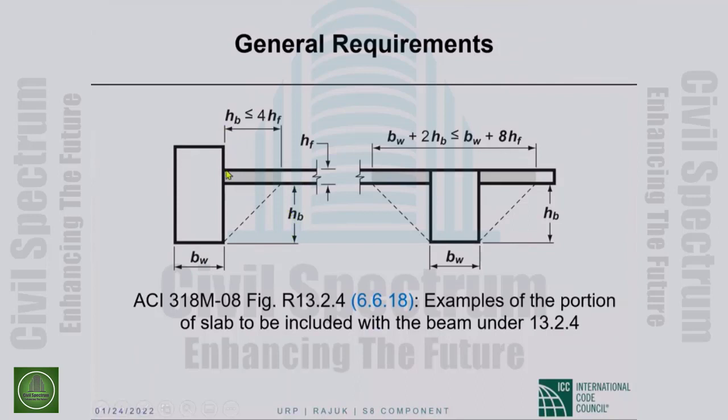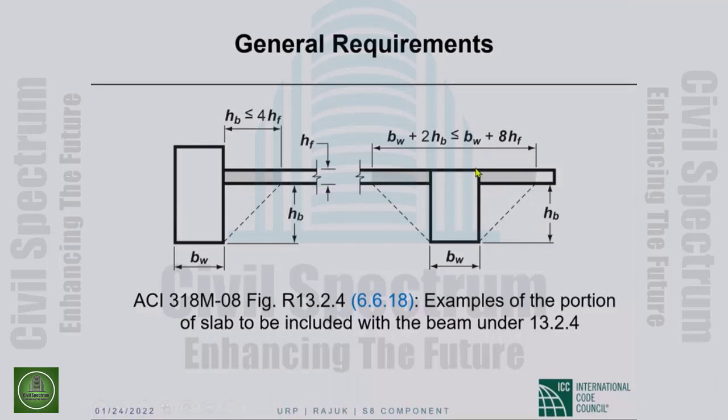So H sub B, width of the slab, is taken as part of the beam, but H sub B shall not be taken any more than 4 times the thickness of the slab. This we saw before when we were discussing the beam to slab stiffness ratio. Okay. When there are slabs on both sides of the beam, it is no different.